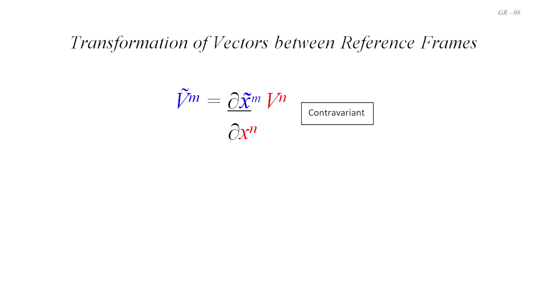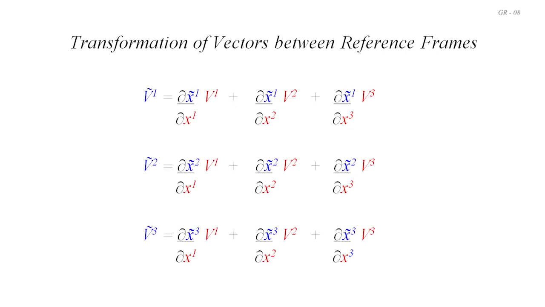However, each equation will have 3 of these, as this is a repeated index running from 1 to 3. Working through all this gives the 3 contravariant component measures in this blue frame in terms of those in the red frame to be this. And you can probably imagine what 4 dimensions would look like.